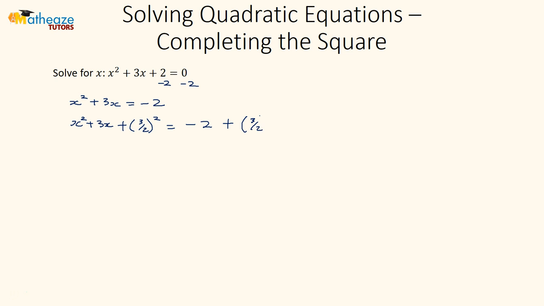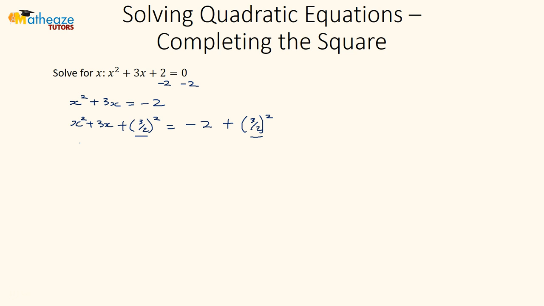3 over 2 squared. Now we're going to rewrite the left side as a perfect square. One thing to note is that we add positive 3 over 2 squared to both sides to make sure we do not change the original equation. We're adding the same quantity to both sides, so the equation hasn't really changed, but it helps us get a perfect square on the left hand side.